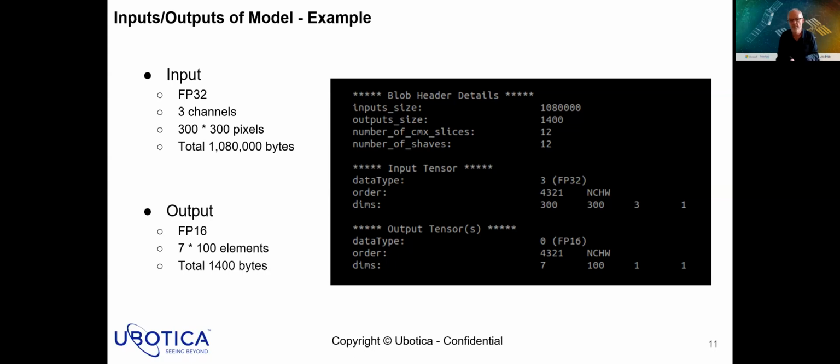The input tensor itself, in this case, is an FP32, a 3-channel 300 by 300 image. The output is in an FP16, which is a half precision data format, which is the native data format onboard the AI processor. In this case, it's producing an output tensor that's 7 channels with 100 entities per channel.